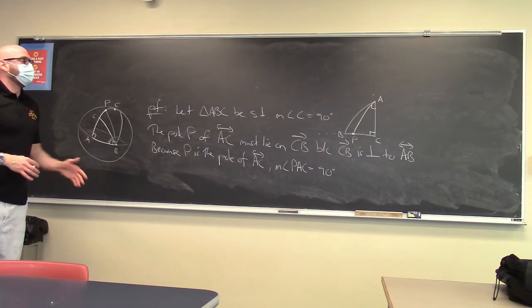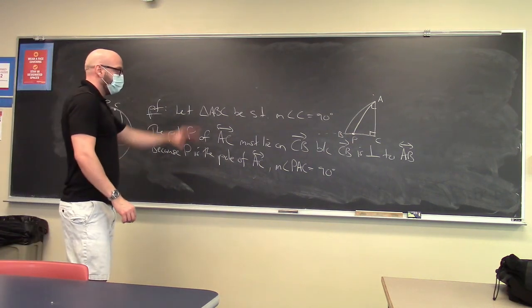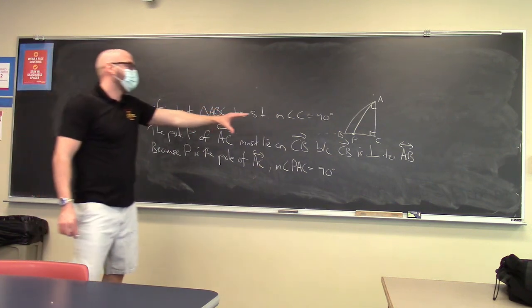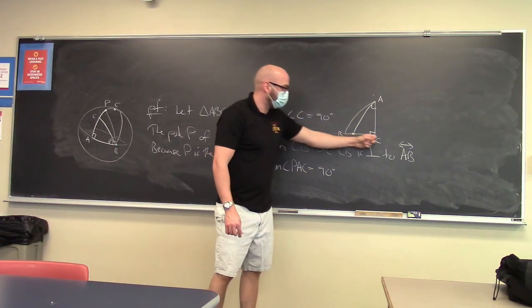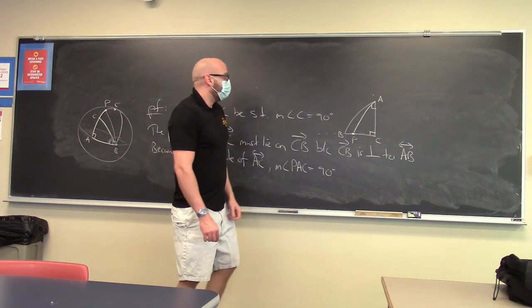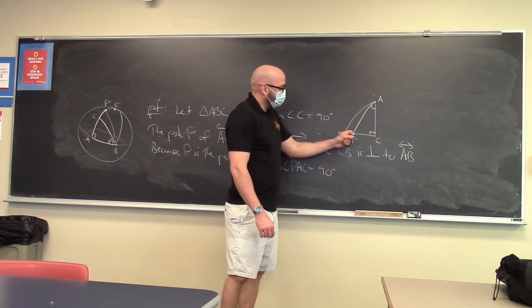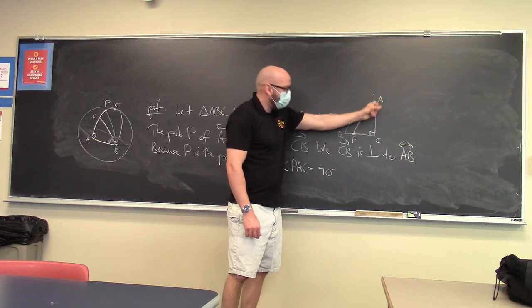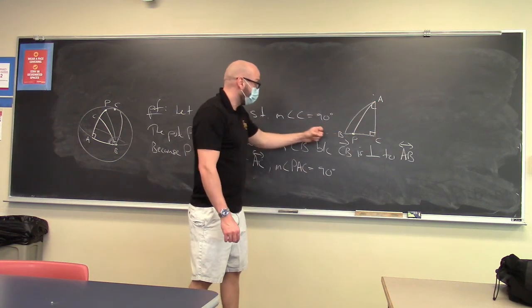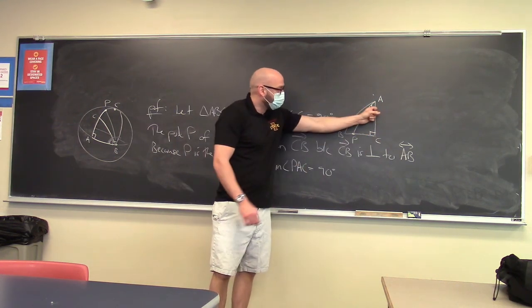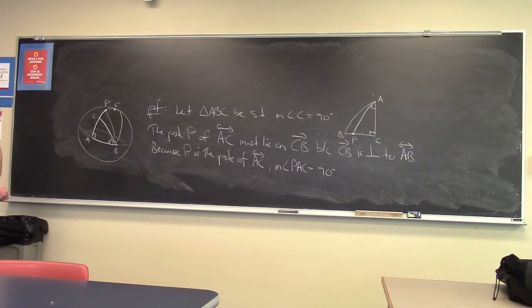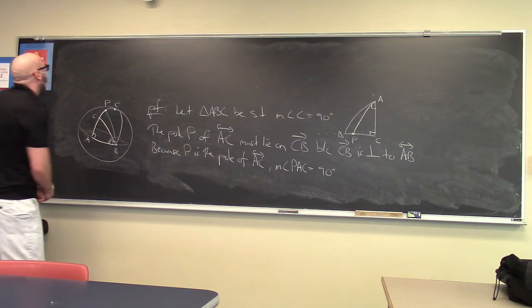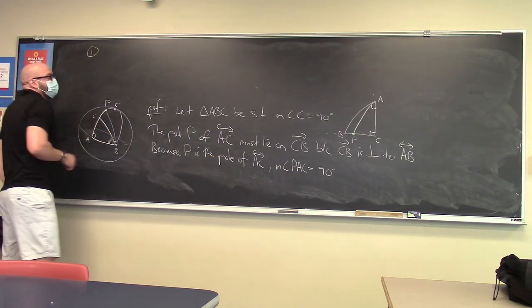Sorry, I'm moving fairly quickly here because we're just about out of time, but is everything okay so far? All right, because this is a right angle, the pole is somewhere along this ray CB. And wherever it is, when I construct this angle from the pole to A to C, because it's the pole for this line, that angle must be a right angle. All right, now there's three possible cases.